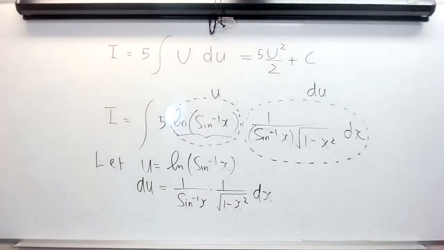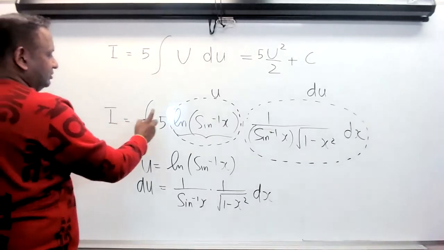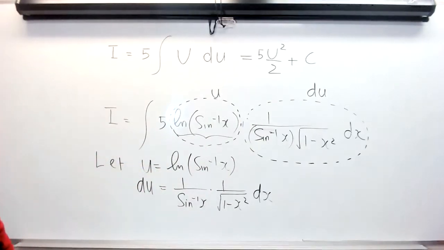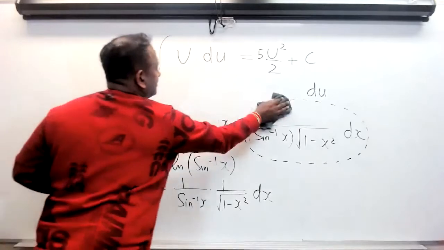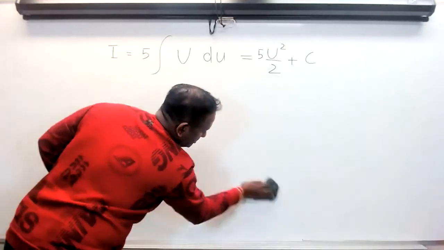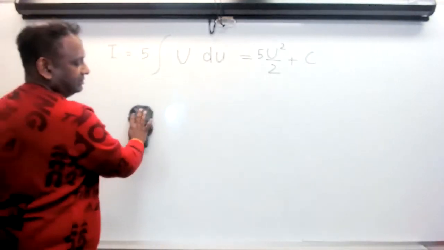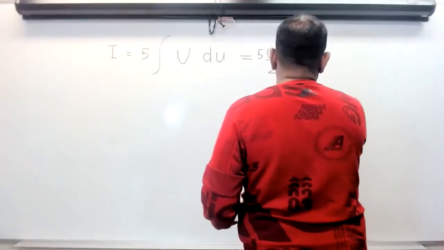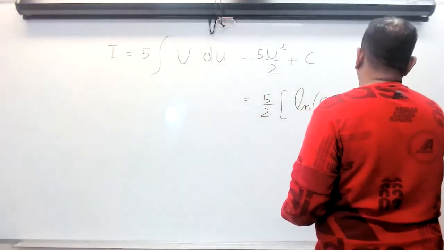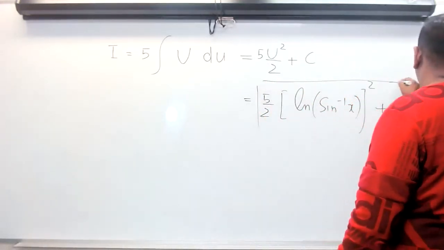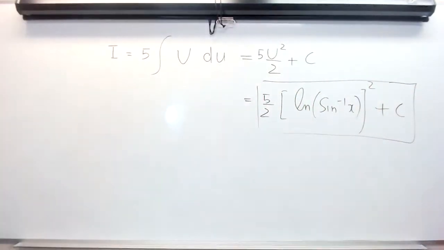Then replace u with ln(sin⁻¹x). See, 5 over 2, ln(sin⁻¹x) to the power of 2 plus c. That's the answer using u substitution.